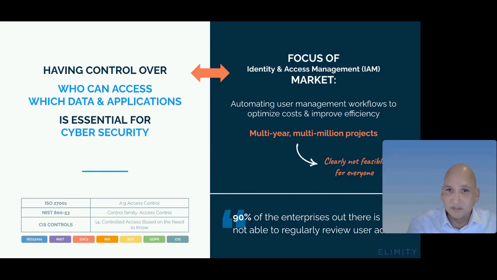You have to configure lifecycle events, define request processes, approval workflows, implement access reviews, set up reporting and audit tools, and more things. So to wrap it up, it takes a lot of effort, time, and money to get a full stack IGA solution up and running.